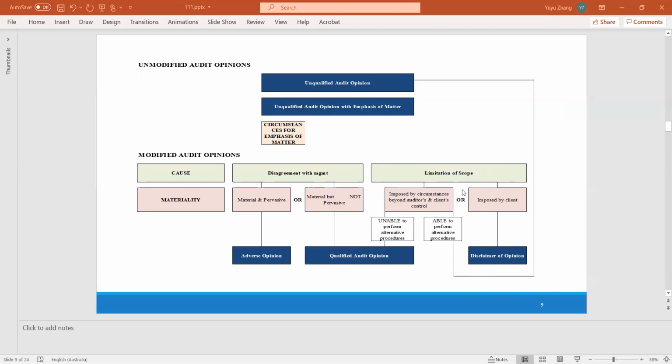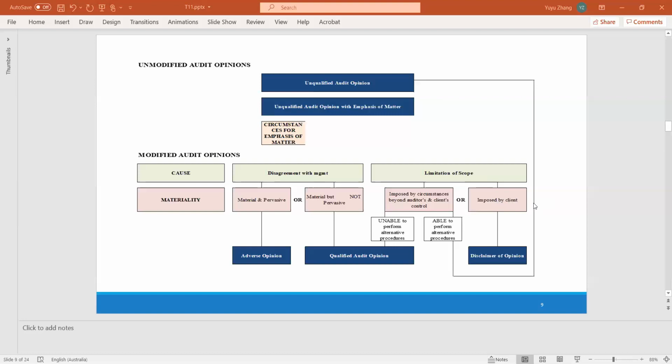However, in some situations, limitation of scope is imposed not by circumstances beyond the auditors' and client's control. Those limitations of scope were imposed by the clients intentionally.